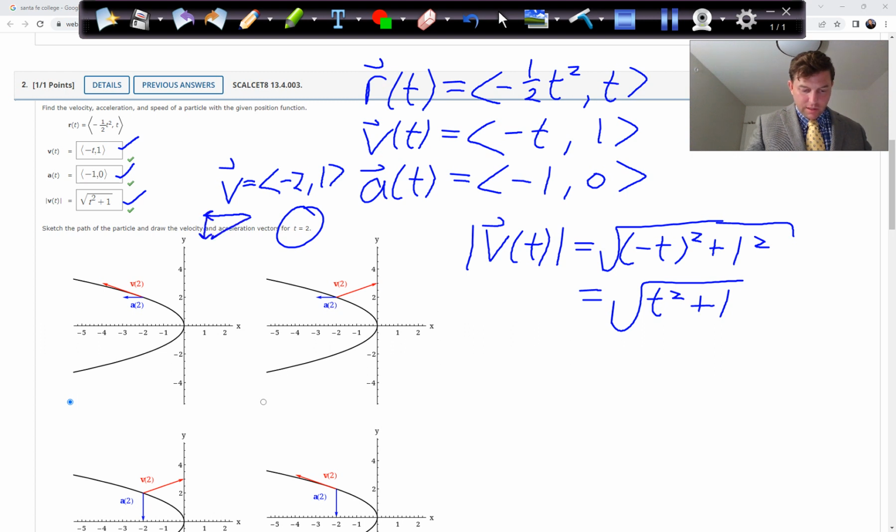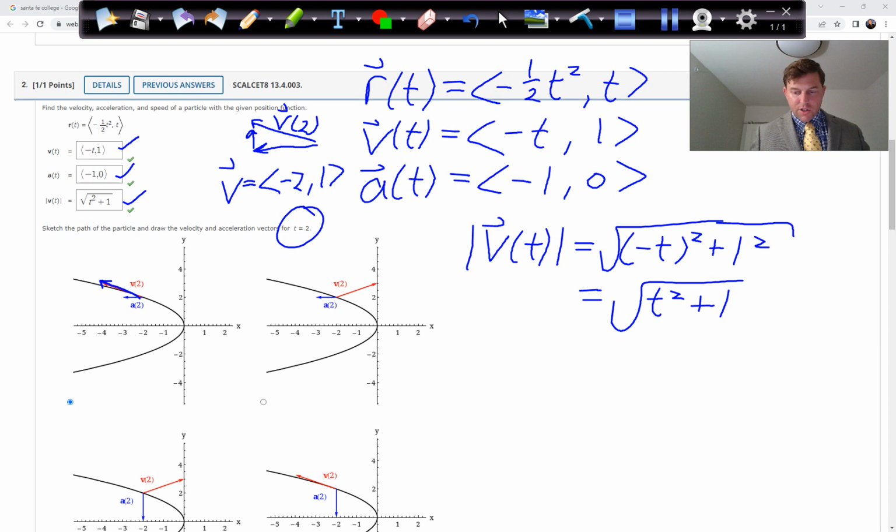Oh, not 1 down, 1 up. That's not right. Okay, so this should point 2 to the left and 1 up, so it should go up and to the left like that. That's your velocity when t is 2.